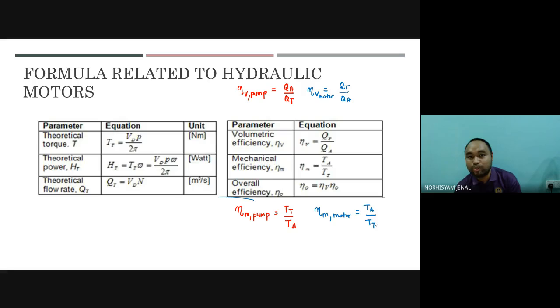Okay, in bahagian motor pula, what will happen is, the motor is driven by the liquid. So kita assume lah, kita punya condition, for example, kita assume to be that much. Liquid tu akan spin dia due to torque dengan torque yang lebih tinggi. Kita harap kita boleh hasilkan, for example here, kalau actual torque daripada pump is 100 Newton meter, and then at the end kita nak juga 100 Newton meter.